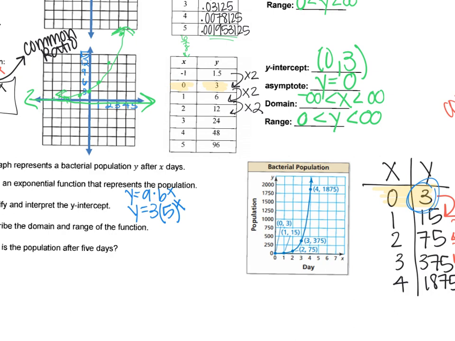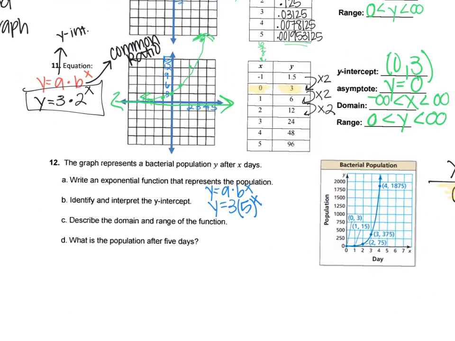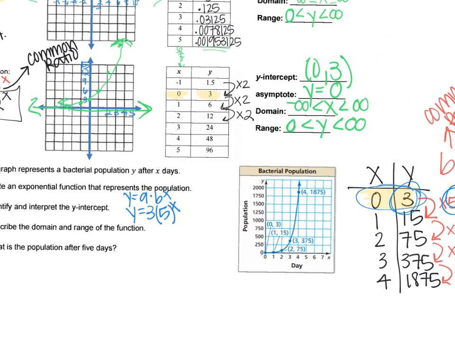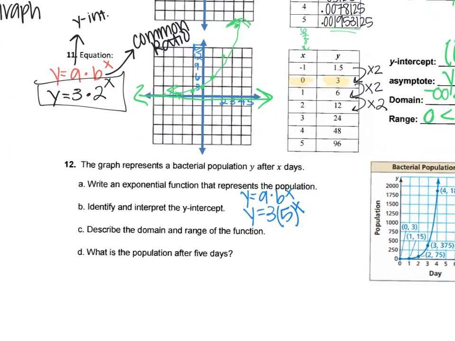It says identify and interpret the y-intercept. Well, the y-intercept is this. It crosses at (0, 3).